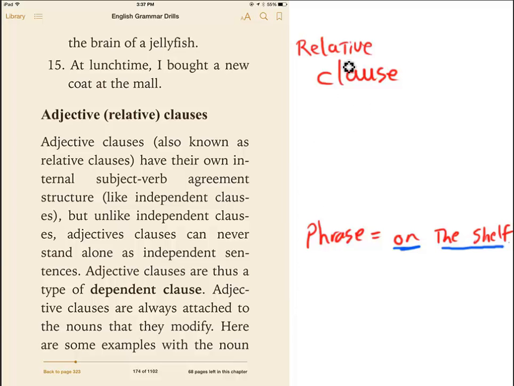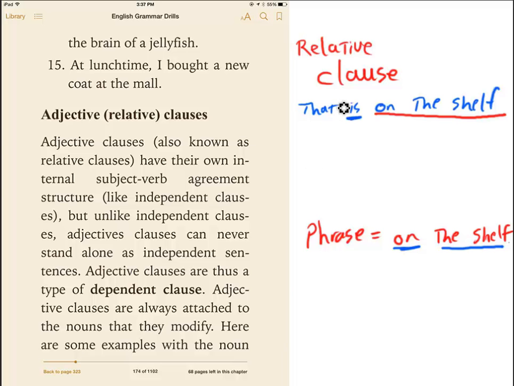Now, if this was a clause, it would be like that is on the shelf. The clause is going to have the prepositional phrase and the object along with the verb. It has the verb and its subject, the verb and the noun both. That's the difference between a clause and a phrase.